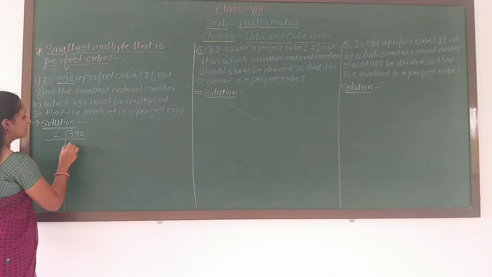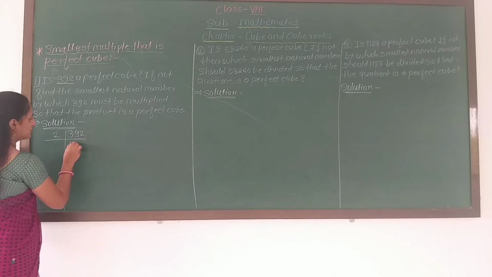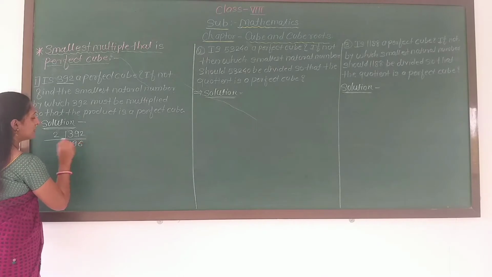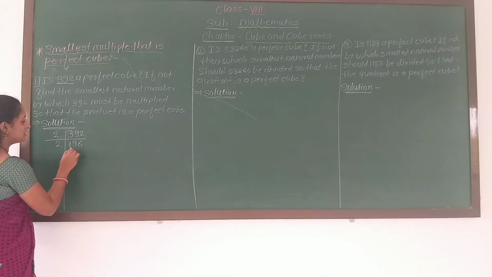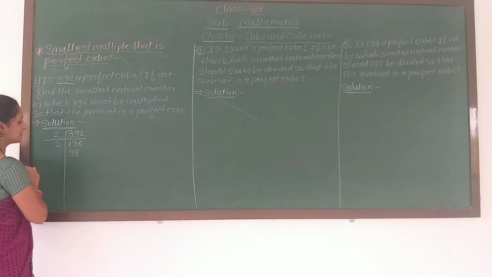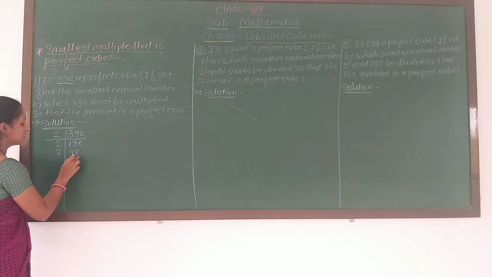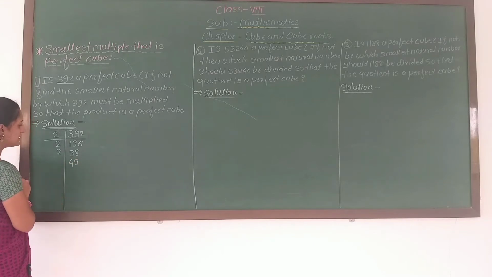2 ones are 2, after that 2 nines are 18 and 2 sixes are 12, 196. This 196 is also divisible by 2, that is 2 nines are 18 and 2 eights are 16. 98 is also divisible by 2, 2 fours are 8, 2 nines are 18.